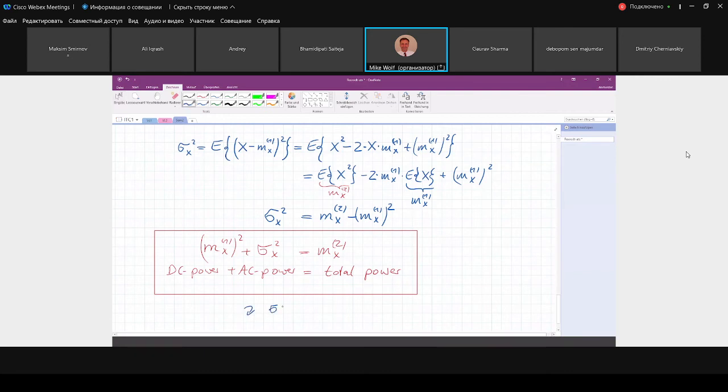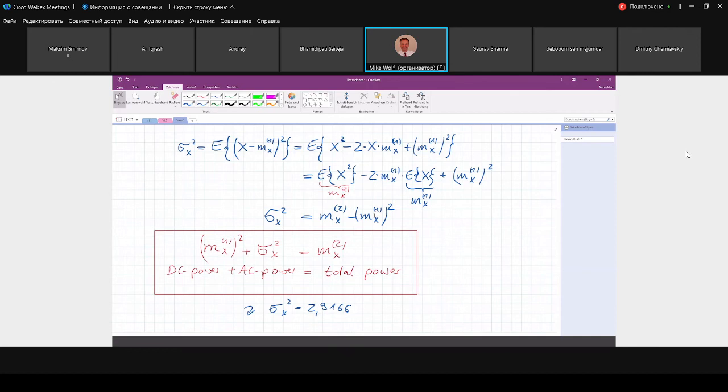Therefore, the variance is equal to the second moment minus the square of the DC, as you can see, 3.5 to the square. So this is quite useful.